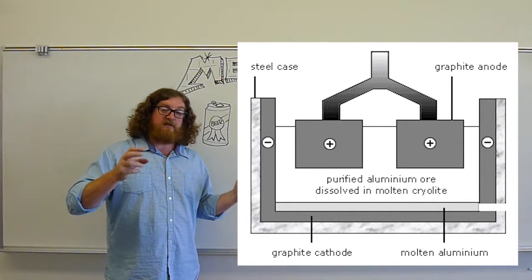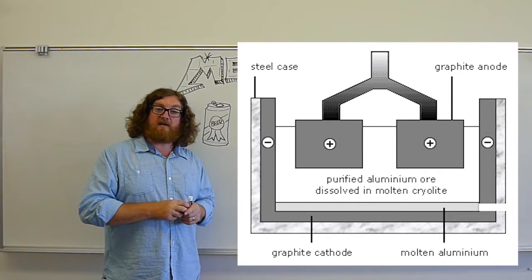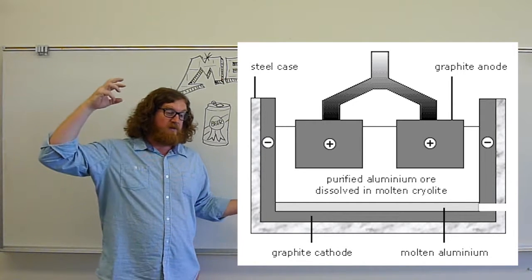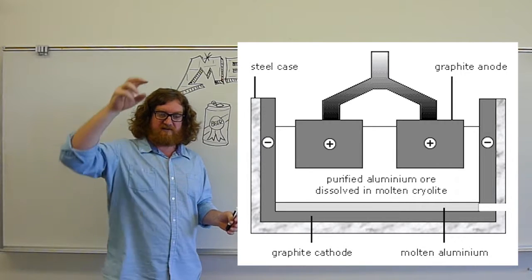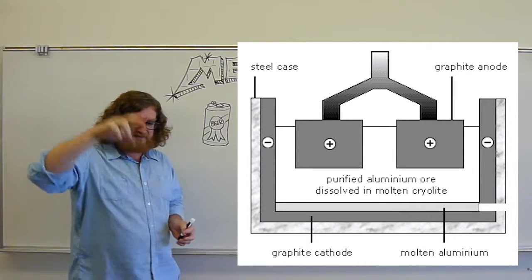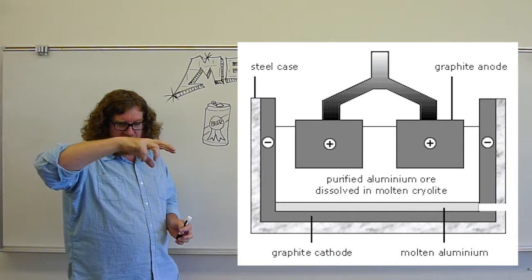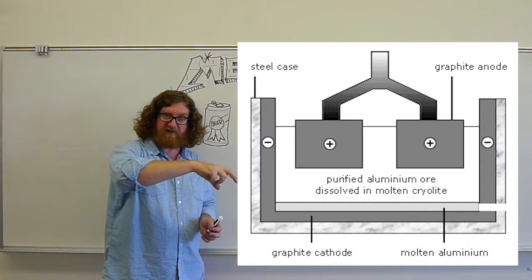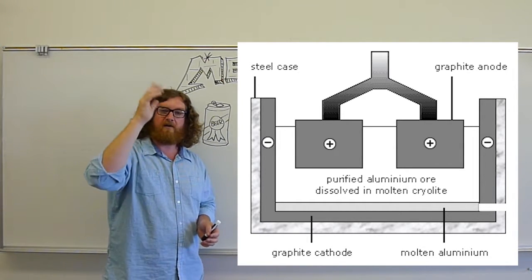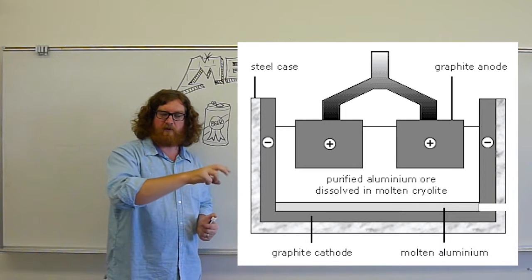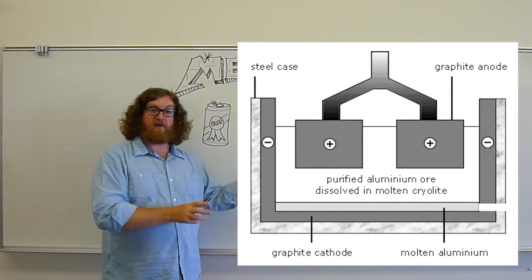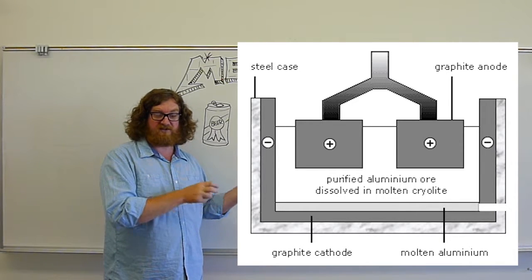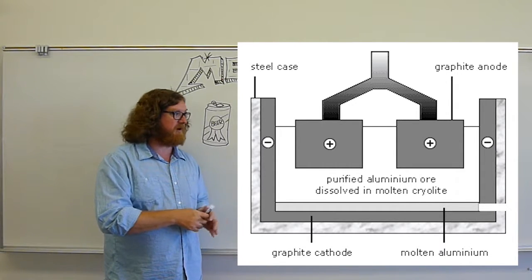And then we still need to break some of those molecular bonds, and to do that, we zap it with electricity continuously. You can see in this diagram, we've got these big graphite anodes, which are the positive lead. Anyone who has wired up a light switch probably knows how this works. And then we have the steel casing and a graphite cathode, which is depleted of electrons.